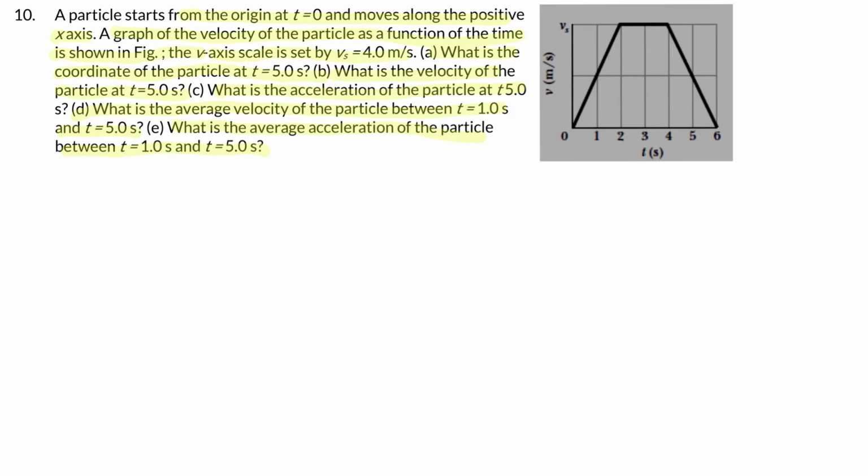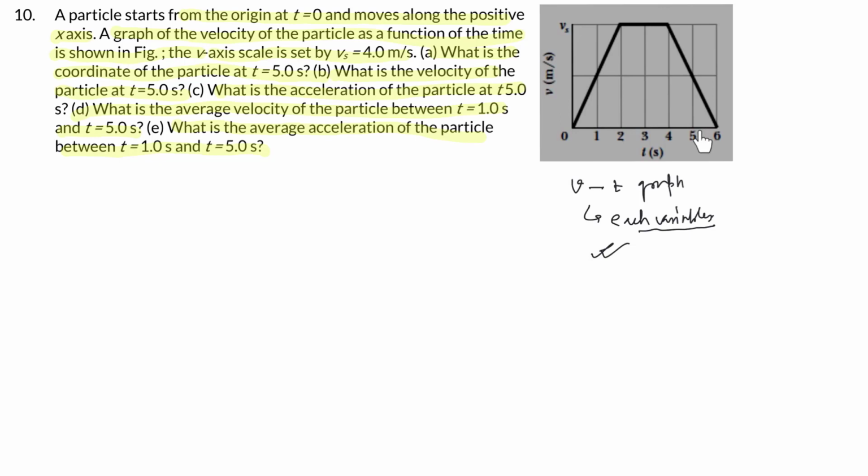As the graph is velocity versus time, from this graph you can find each and every variable. So I don't think any discussion is required here. Very easily you can find coordinate, that is position. To find position, you will find area.